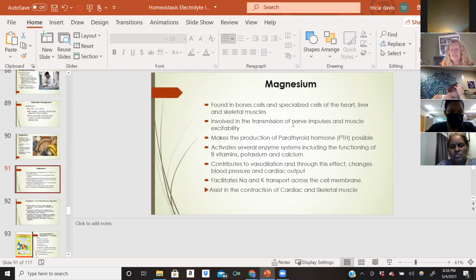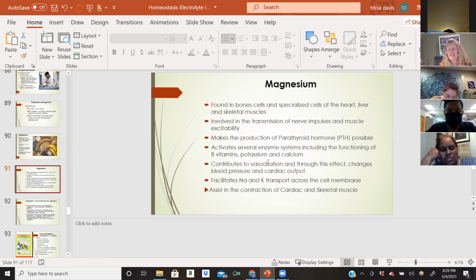It is involved in the transmission of nerve impulses and muscular excitability. It makes the production of parathyroid hormone possible. It activates several enzyme systems, including the functioning of our B vitamins, our potassium, and our calcium. It contributes to vasodilation, and through this effect, it changes our blood pressure and our cardiac output.